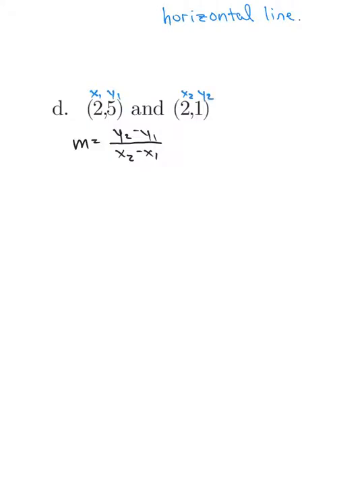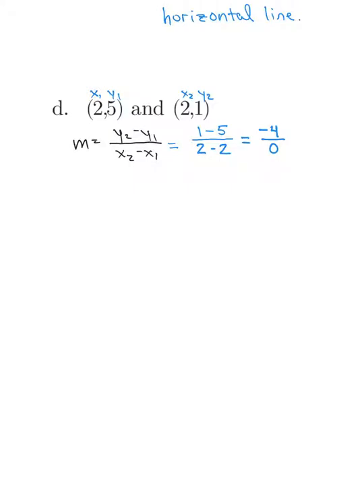And now if we plug in, we end up with y2 minus y1 is going to be 1 minus 5, and x2 minus x1 will be 2 minus 2. If we simplify this, we get 1 minus 5 is -4 over 0.